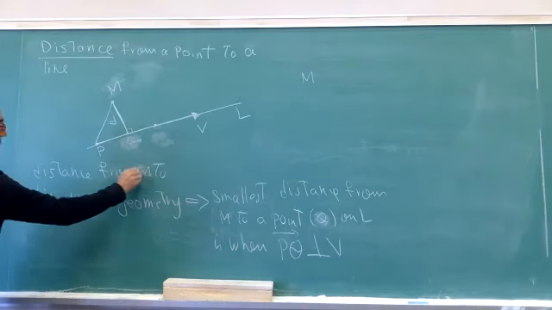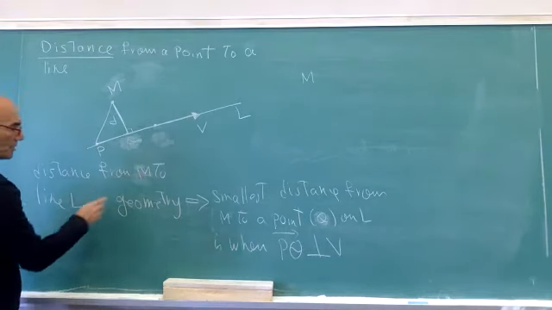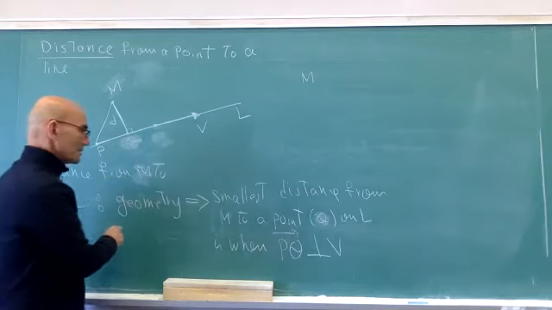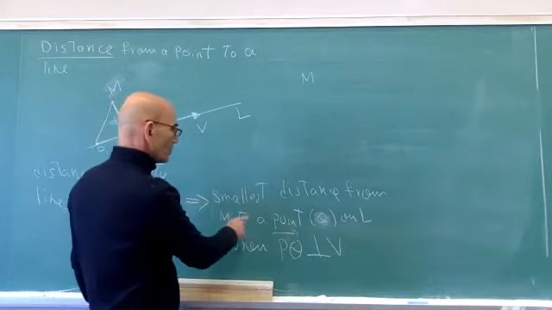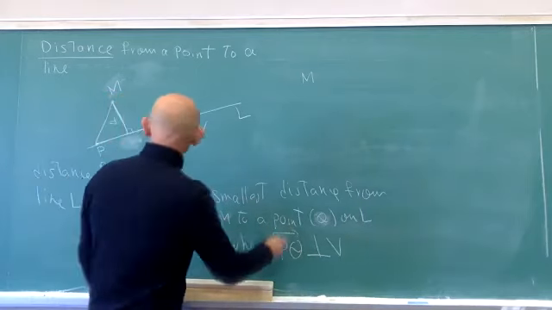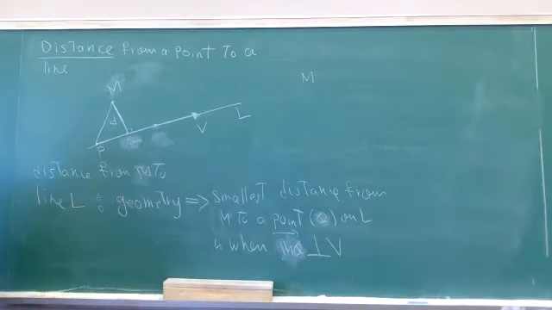I'm just sorry, I'm just changing my notation to be consistent with my notes. So the smallest distance from P to a point, say Q on the line, has to be, yes, PQ orthogonal to V, but that's not what we are paying attention to.